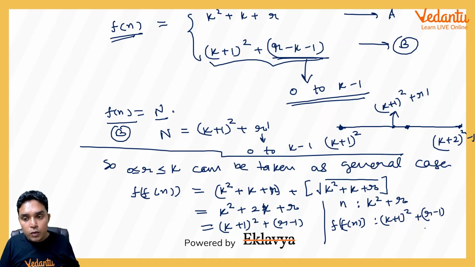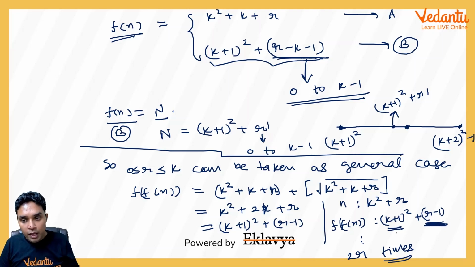Now if I do it 2 more times, I think here we will get k plus 2 whole square, and here I'll be getting r minus 2. So that means doing it 2r times, we can definitely get this to be 0, and we will be getting this to be a perfect square. Okay, so this is how we can do this question for a general value of this n.